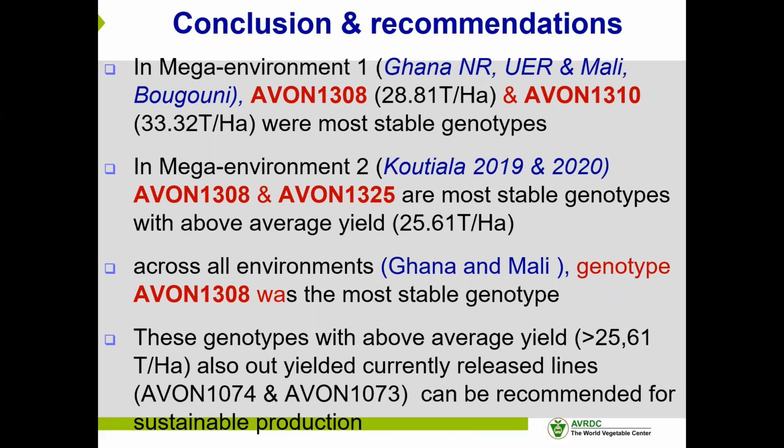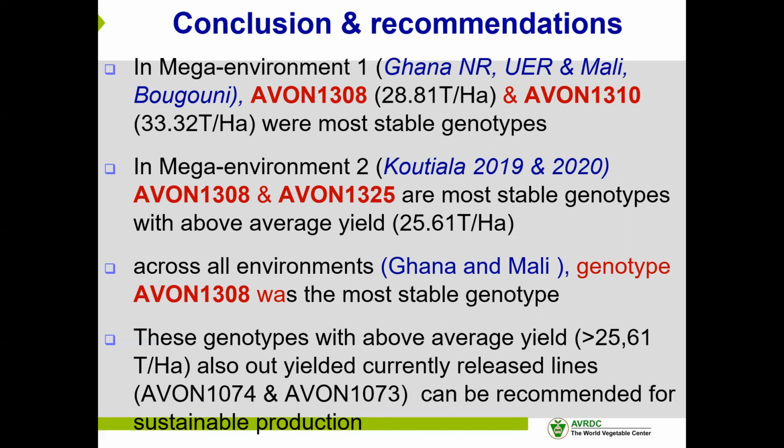In mega environment 2, accommodating Koutiala, AVON1308 and AVON1325 were the most stable genotypes with above average yield. Now, across all environments, including Ghana and Mali, genotype AVON1308 was the most stable genotype. So this genotype was stable in all 3 countries.